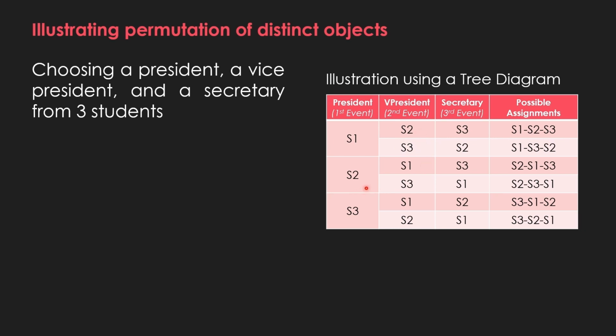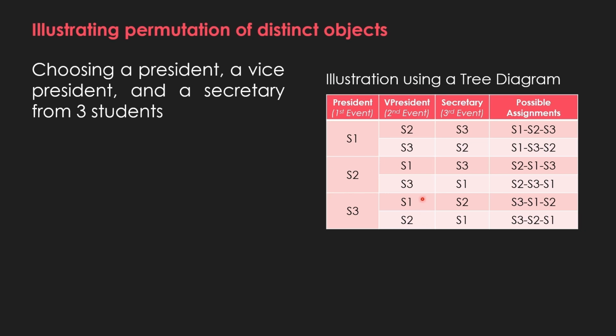If student 2 becomes the president, the possible candidates for vice president will only be student 1 and student 3. And if student 3 is the president, student 1 and student 2 become the eligible candidates for vice president.